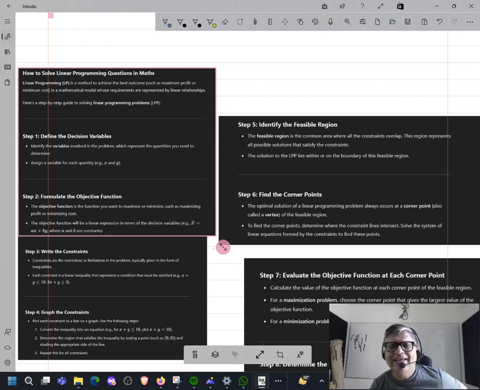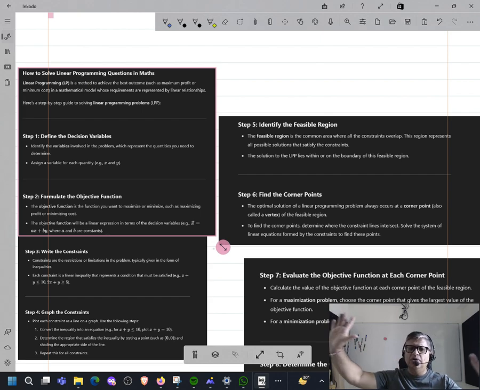When is inequality to be used? Wait for that. Right now, just concentrate on the method. The question will tell you the inequality and the greater than sign. But for the time being, mark the x plus y equal to 60 and that 50,000 rupee equation. Just mark it. Let it go, right?